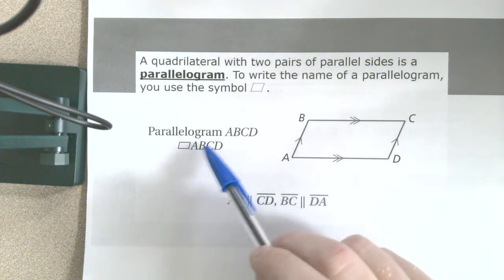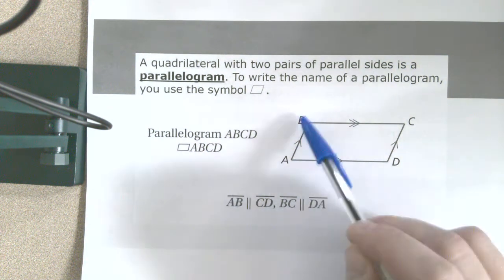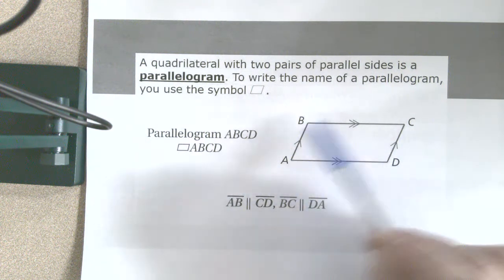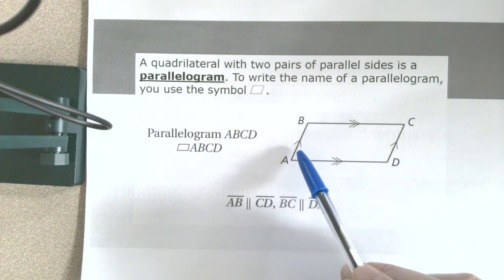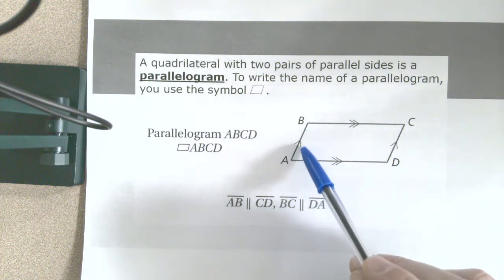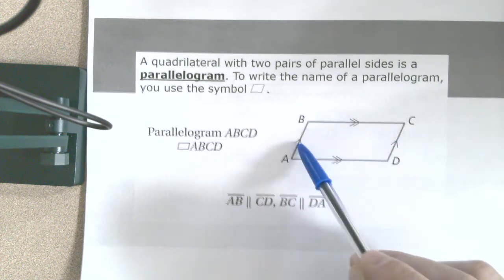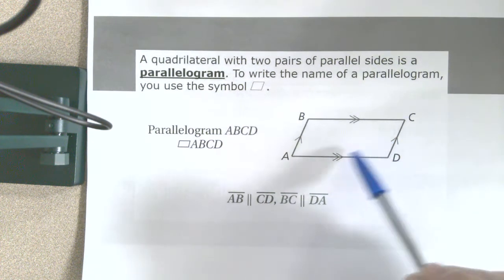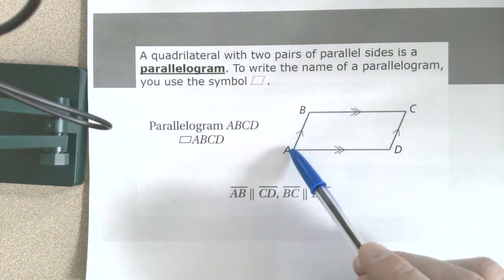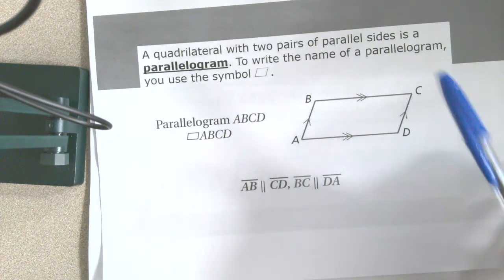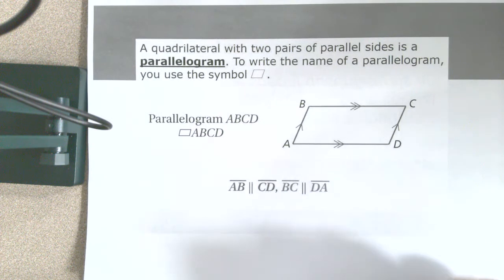We use 4 letters, A, B, C, D in this case, going around the shape. Notice, just like when we talked about our lesson on parallel lines, these little arrows on the opposite sides indicate that those lines are parallel. So if AB is parallel to CD and BC is parallel to AD, then we can state that this is a parallelogram.